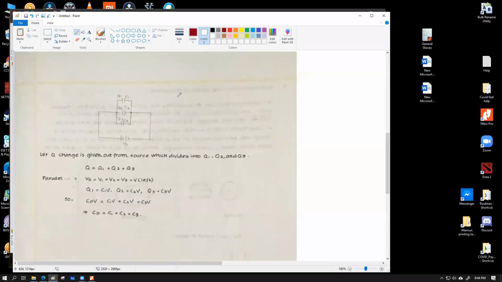For example, let's say Q equals CV. The idea is that because of the parallel combination, the V should be the same for everyone. So the bigger the C, the proportionally bigger the Q has to be, or vice versa. Do you understand what I'm saying? Yes, sir. Good.